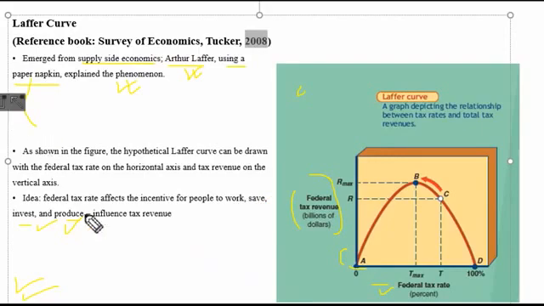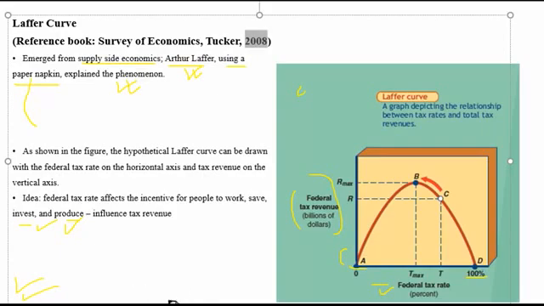Now imagine a different scenario where the federal government is setting a tax rate at the opposite extreme of 100%, somewhere here at point D. Now we see that at a 100% income tax rate, people will have no reason to work, no reason to produce, and to earn income.